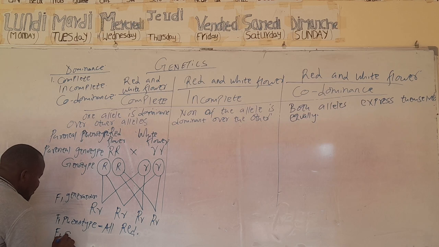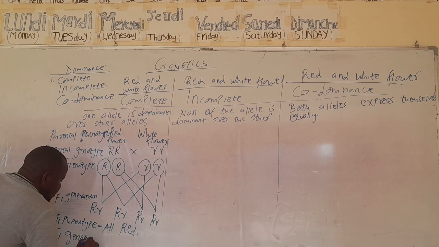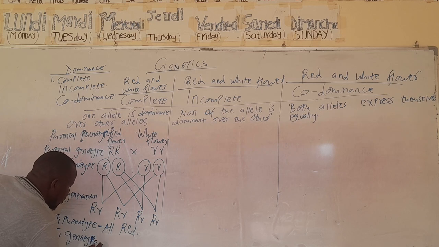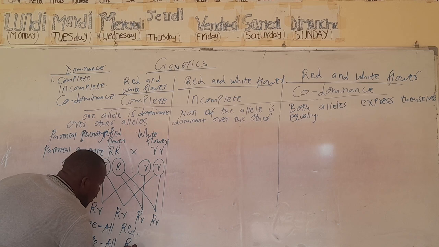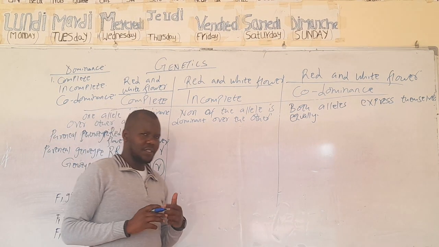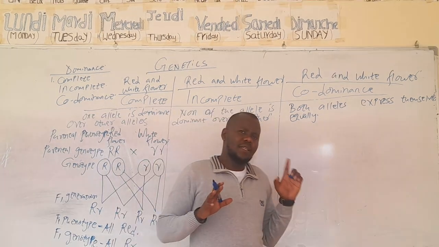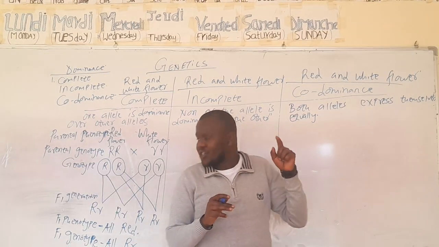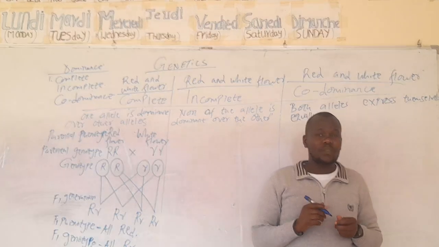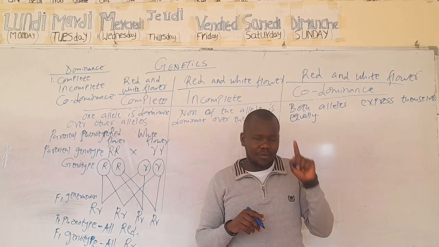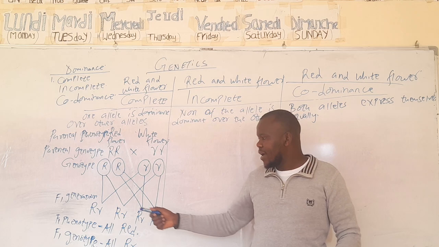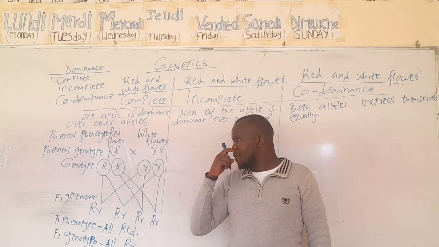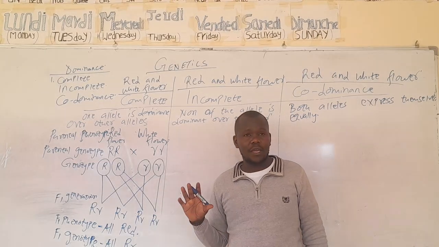What is the meaning of this? If we cross-pollinated red and white and you get only red, that is complete dominance. So red is completely dominant over white.